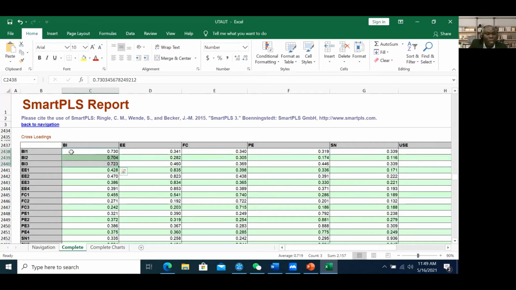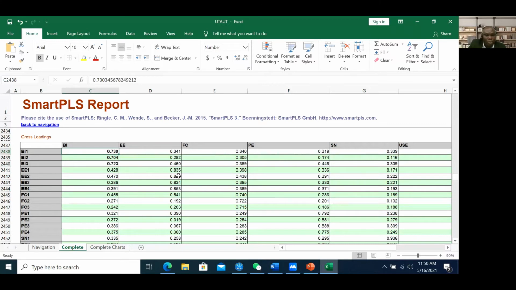BI has 3 indicators used to assess it. If you take this value, 0.730, 0.704, 0.723, all of them should be higher than their adjacent loadings. So you see 0.73 is higher than 0.341, 0.34, and so on.